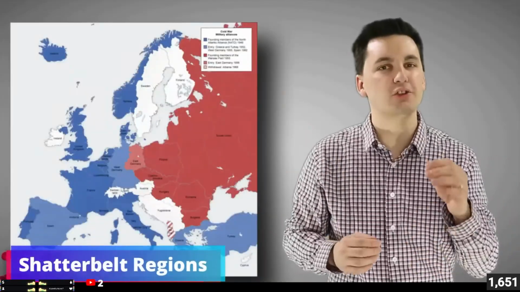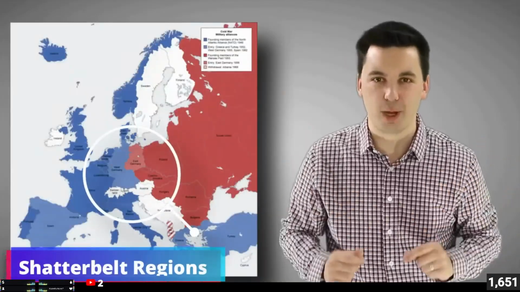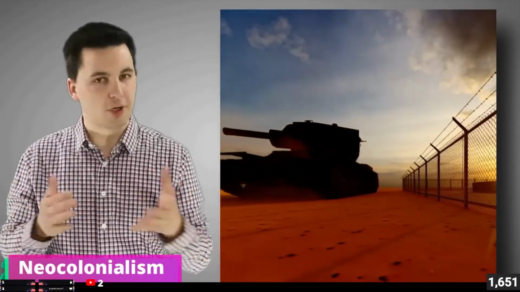We can see this expansion of political power illustrated in shadow belt regions, which are regions that are caught between two external fighting powers. Today, we can also look at the impact of neocolonialism, the new form of controlling a country without actually controlling them.